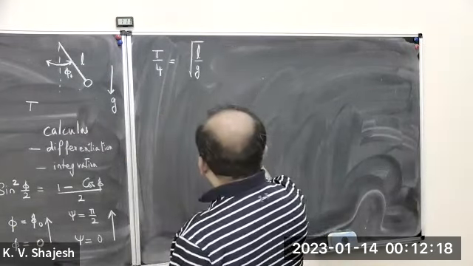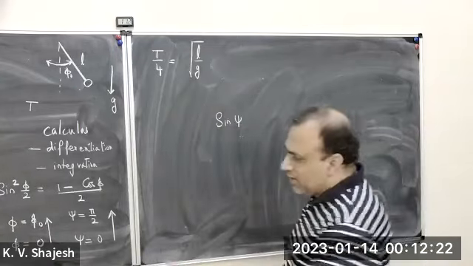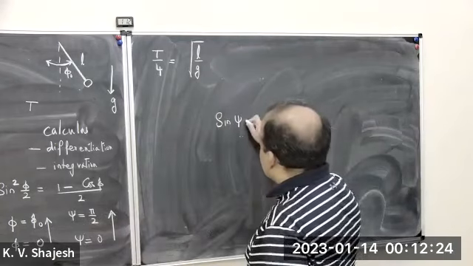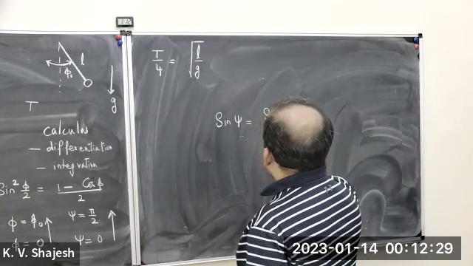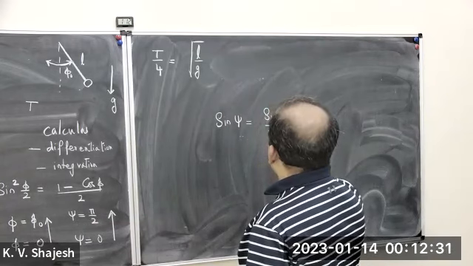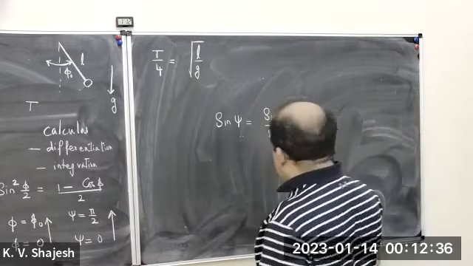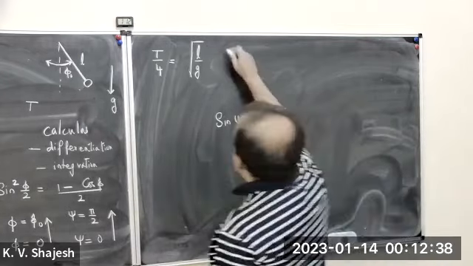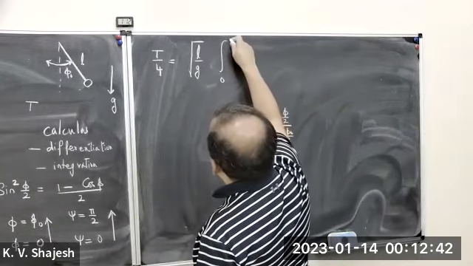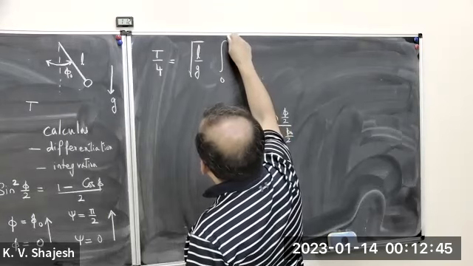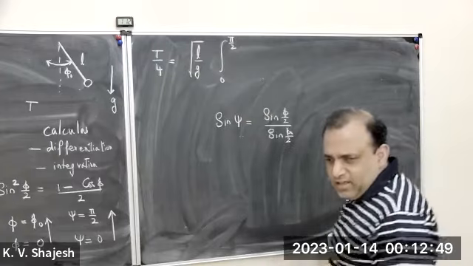Let me write that down here again, because the left side of the board is not visible to you. So this is sine of phi by 2 divided by sine of phi naught over 2. That's the substitution I'm making, but I want to change the integral limits. It was going from 0 to phi naught earlier. This time it goes from 0 to pi by 2. And I'm interested in what d psi is now.